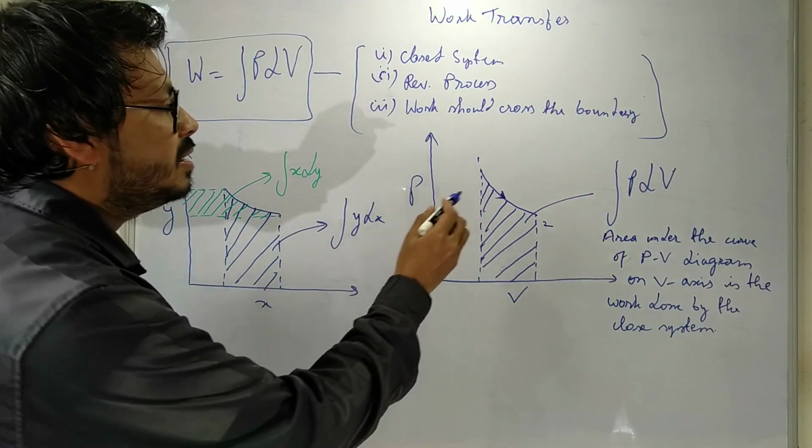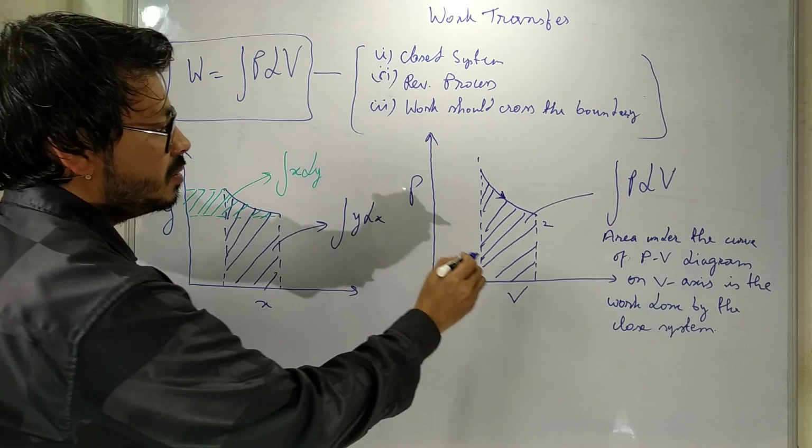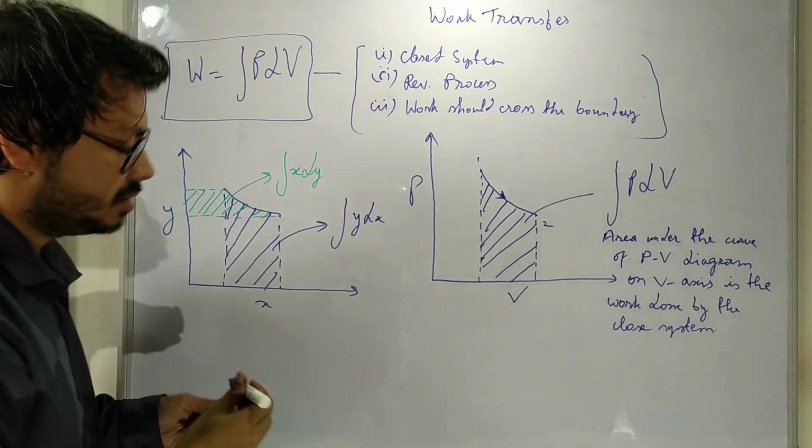So the area under the curve of PV diagram on V axis is the work done by closed system.